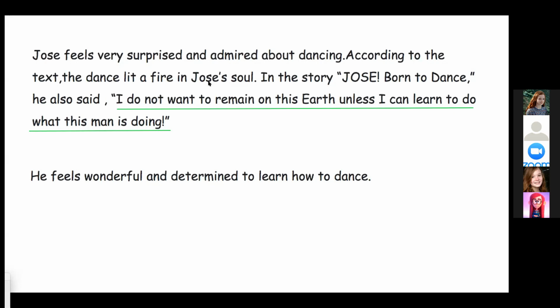What did the dance do to Jose? The dance lit a fire in Jose's soul. Okay, so we use our according to the text sentence starter, and the dance lit a fire in Jose's soul. So this is how you use details from the story in your responses.